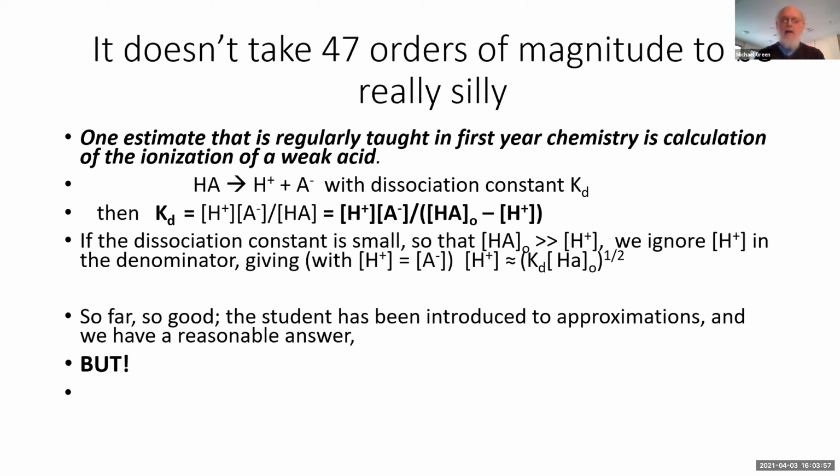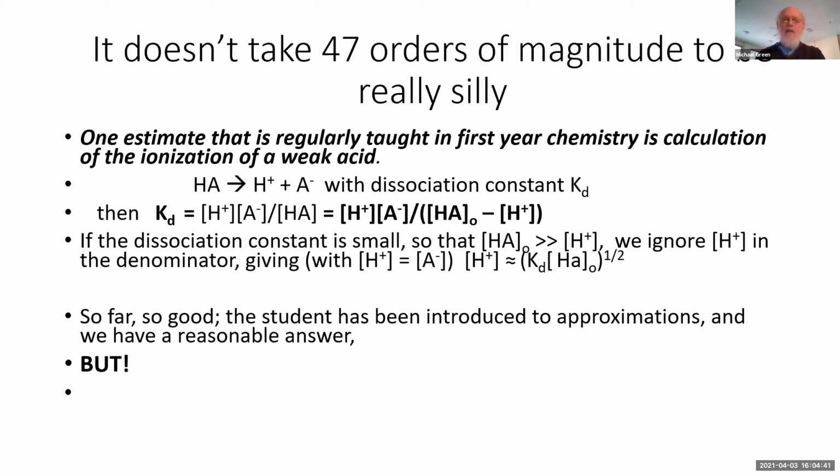Now, the one kind of approximation that is taught in freshman chemistry and in almost all books is the dissociation of a weak acid or base. But in that case, one writes down the equation for the dissociation constant and then makes the approximation that the initial concentration is much greater than the amount that dissociates, which is correct if the amount of the acid that was added is much greater than the dissociation constant.